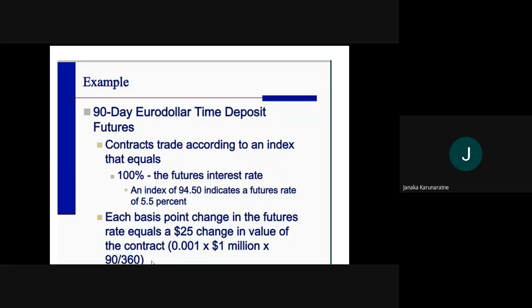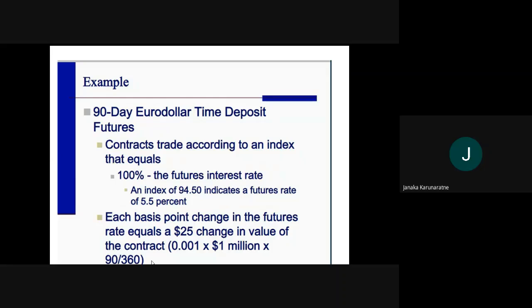So 1 basis point change means what? A 0.01% change. So within the bracket, it should be 0.0001, with 3 zeros, times $1 million times 90 divided by 360.